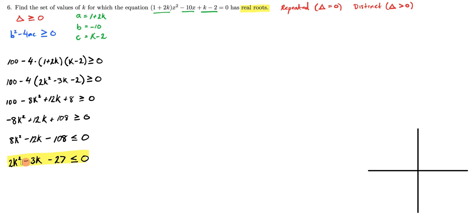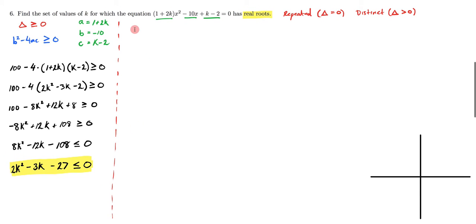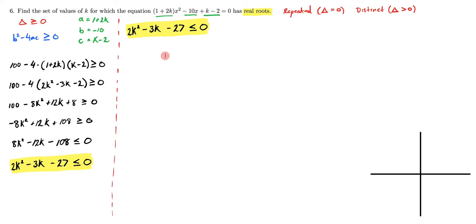All right, let's just take a breather. We've gotten this far. I have to solve for k. That's the reason why we're here. So let me just show you that this is a new thing that we're doing. I have to solve for k, and the way in which I'm going to solve for k, I now need to factorize.